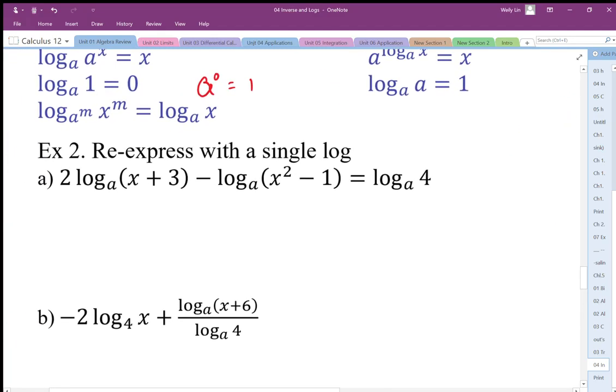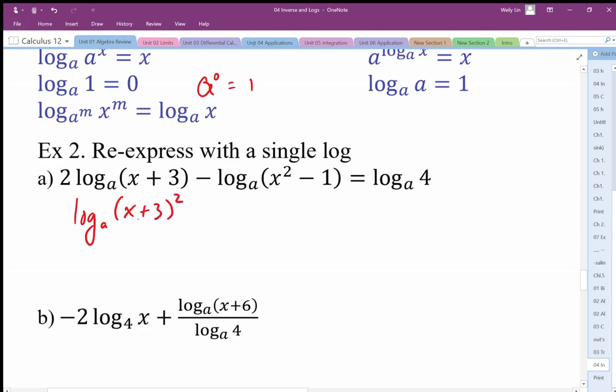So these two expressions are equivalent to each other. Okay, so we should be able to prove some log identities using some log properties, or in this case we're going to express as a single log, and we could probably solve this as well. So we're going to write this as log base a of (x plus 3) squared.